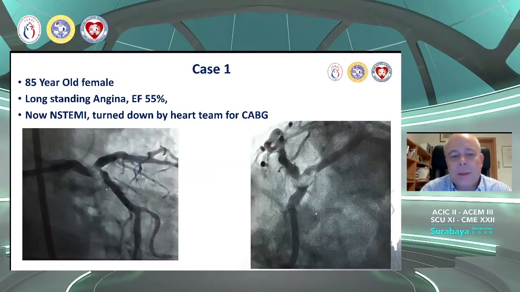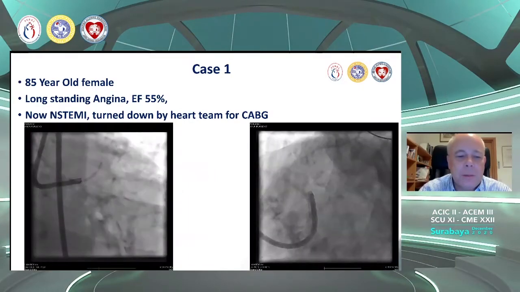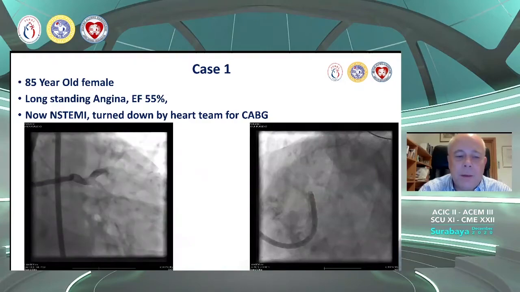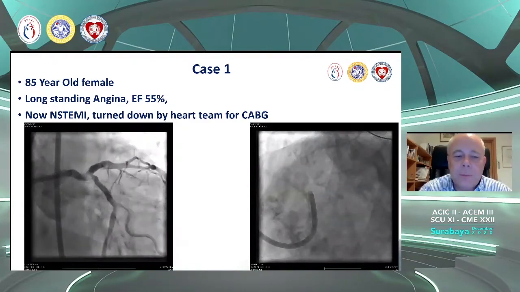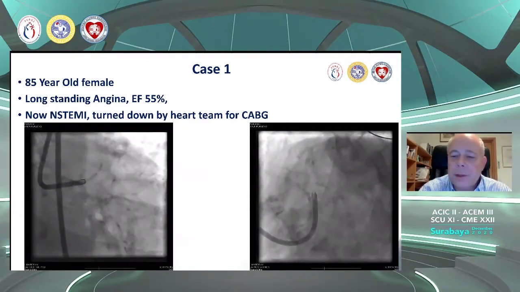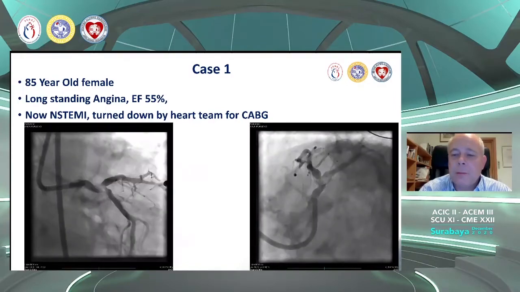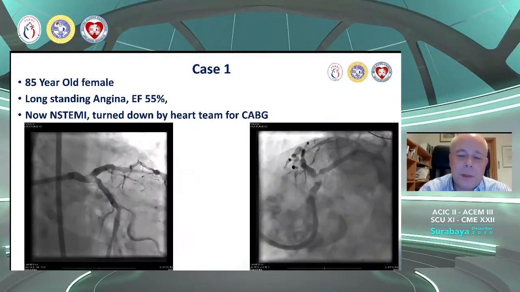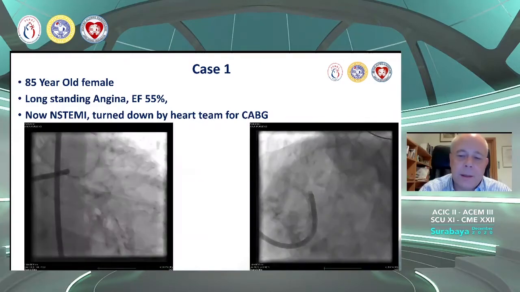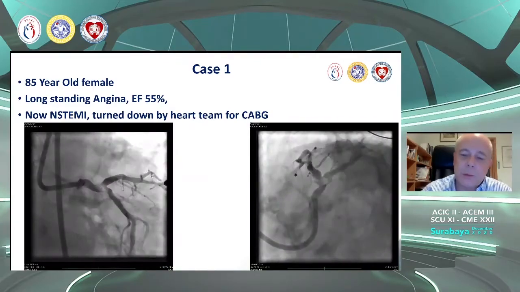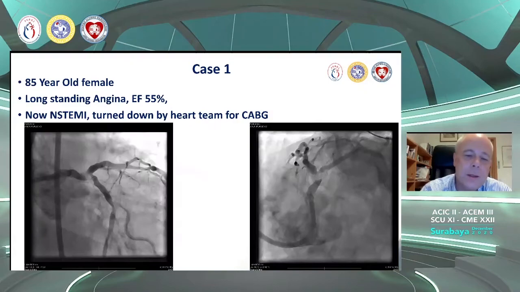And this is what the images look like when they're moving, and it's a very, very heavily calcified stenosis at the distal part of the left main, encompassing both the LAD and the circumflex proximal arteries.